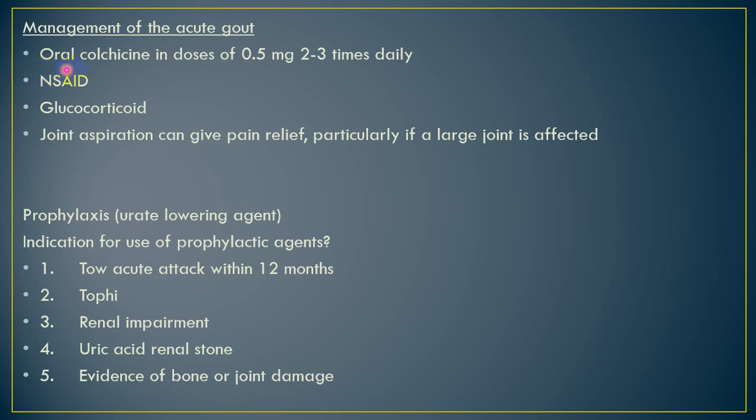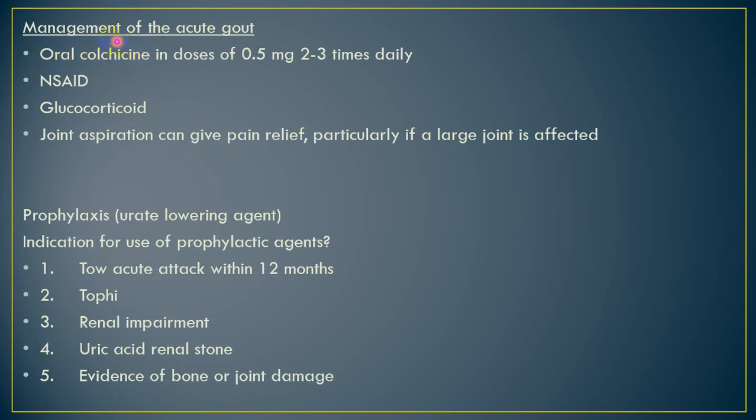Most importantly is oral colchicine in a dose of 0.5 milligram, which can be given 2 to 3 times daily. It's the treatment of choice unless there is a contraindication. And you need to keep in mind that the main side effects of colchicine are nausea, vomiting, and diarrhea, especially in the elderly population.